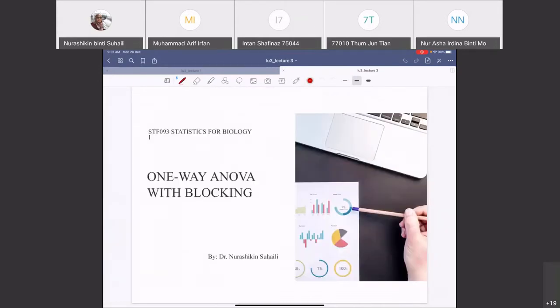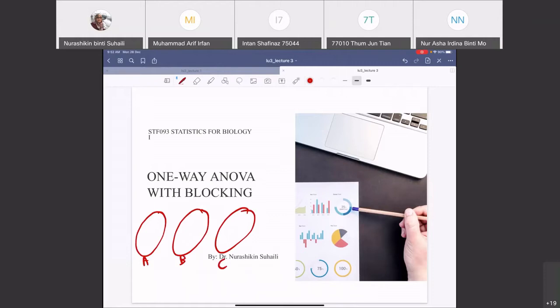Previously, what we were analyzing is, let's say we have three samples, A, B, and C. Let's say we go into a specific example or situation.